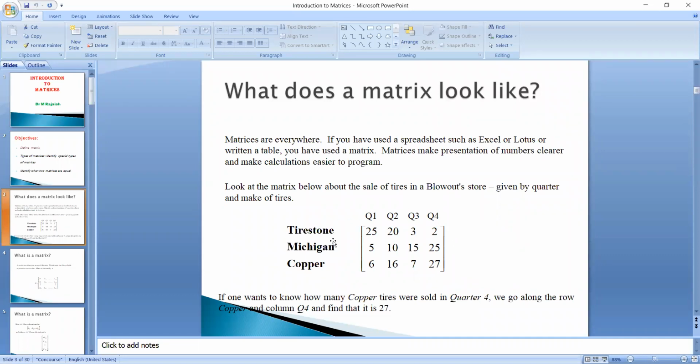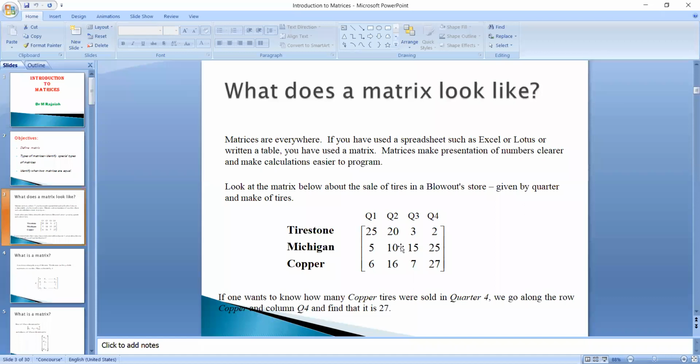If you want to check how many tires are sold in the second quarter by Michigan, we get the number of tires. In the same way, how many Cooper tires were sold in quarter 4? 27.